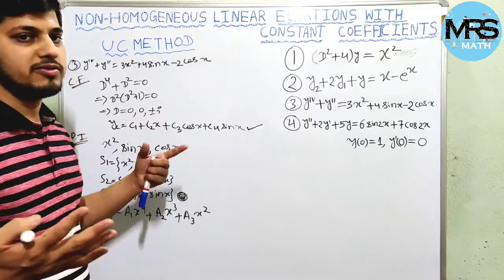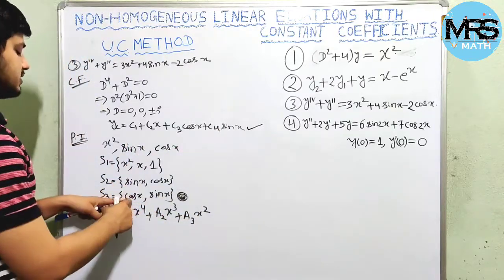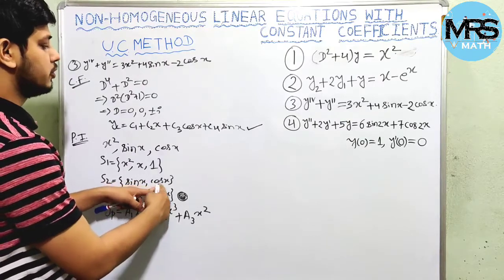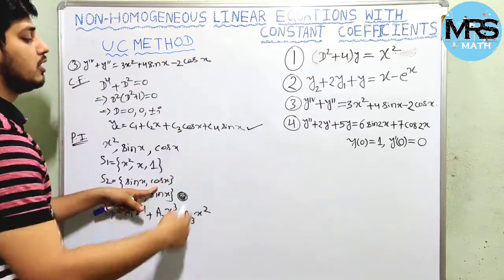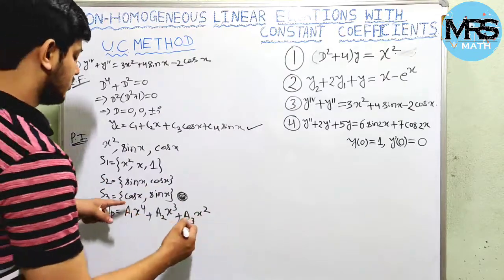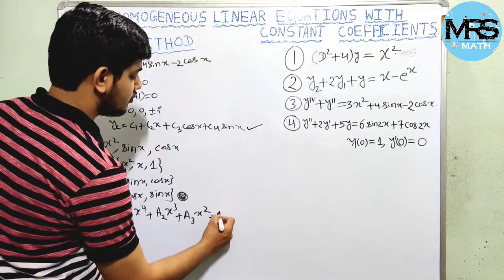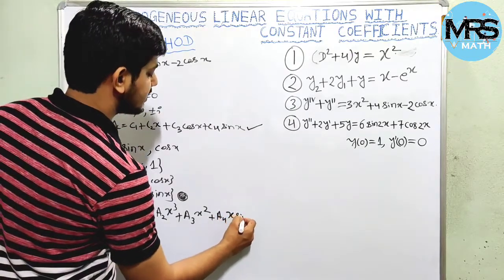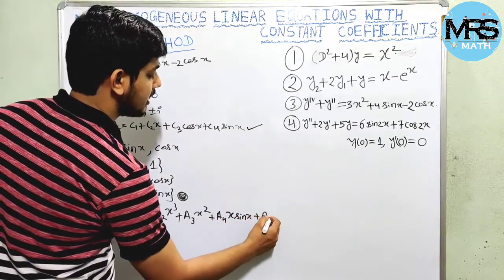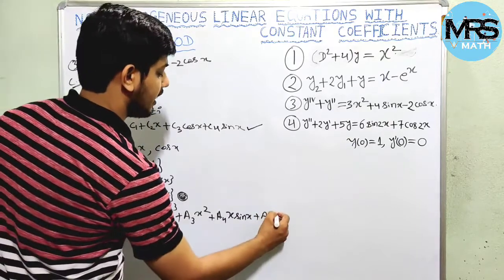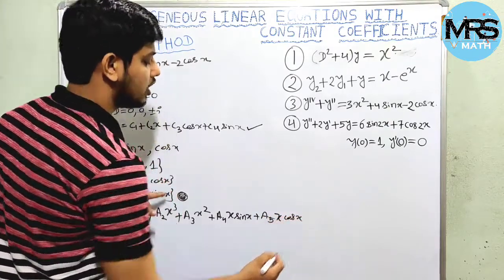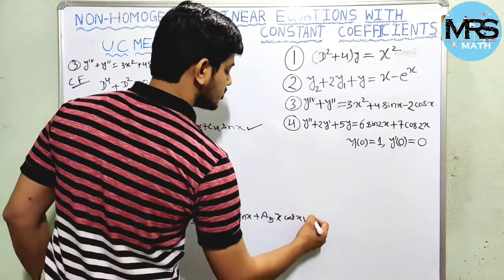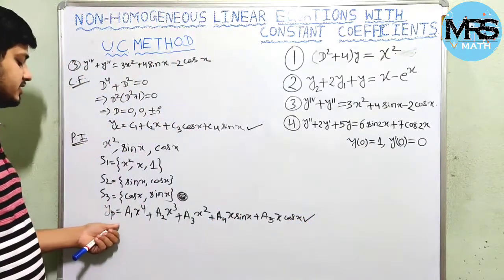Simply if you multiply with x, it will be x sin x and x cos x, which will be different from these two functions. So we get plus a4 x sin x, plus a5 x cos x. Now it is clear, so our final yp is this one.